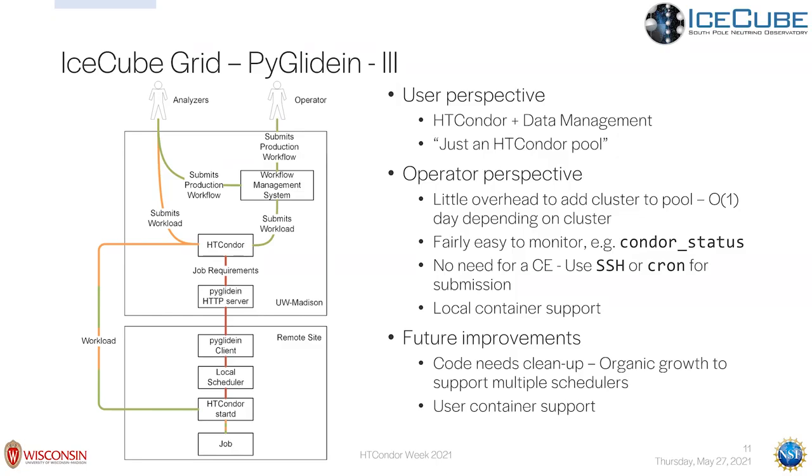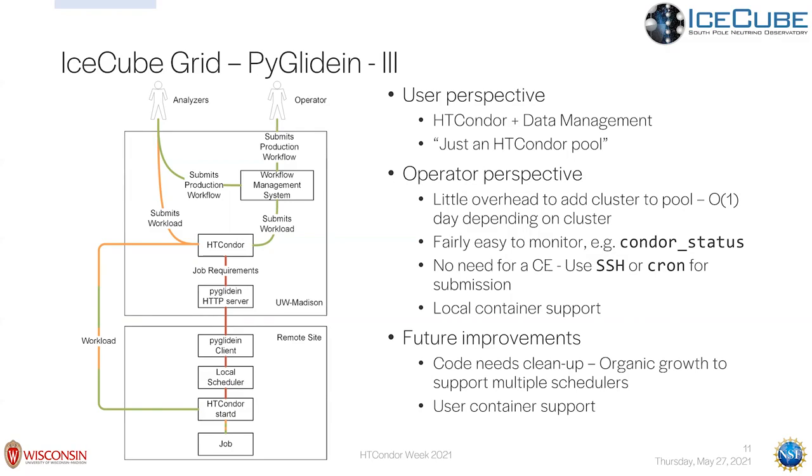Again, we get a lot of the tooling that's already around Condor, so the monitoring and all these various other things we get for free. And the biggest portion for us is that we didn't need a heavyweight compute element, but rather we just needed either SSH or a cron job for the submission. So that was a very low barrier to entry for a lot of users in a lot of places.